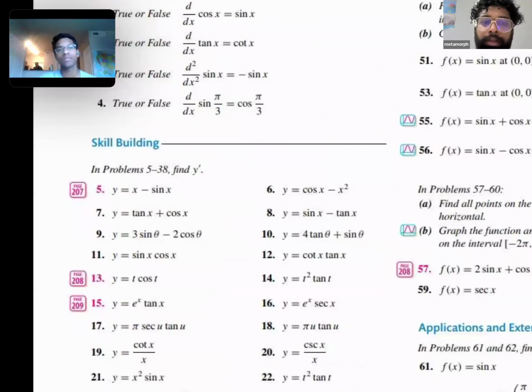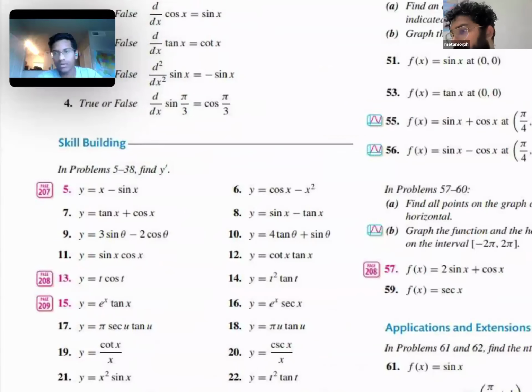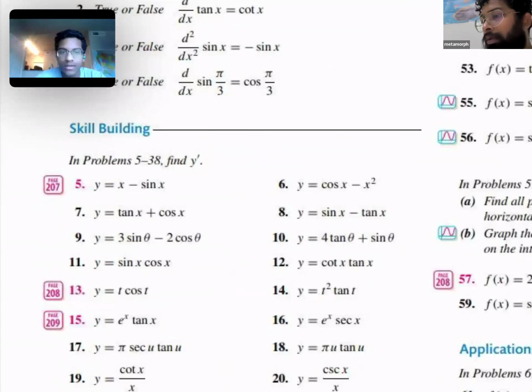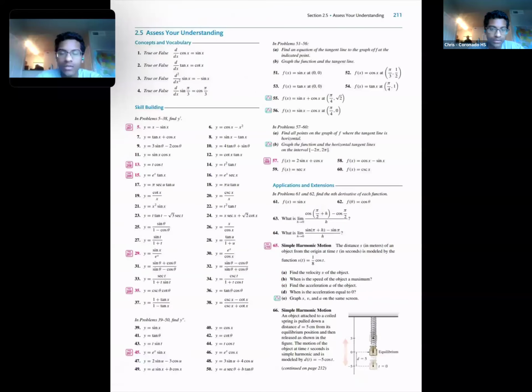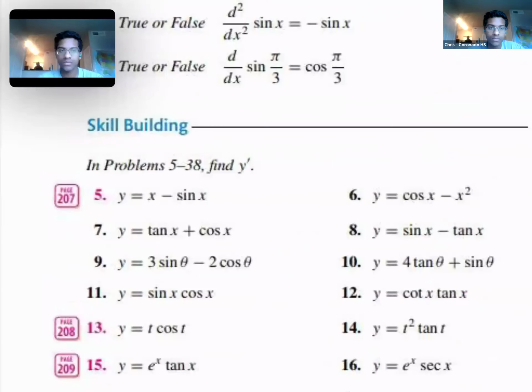Okay. Question 5. So it'll be this derivative from this. I think you can do this one mentally. Minus cosec, sir. Correct. Perfect. How about 13?